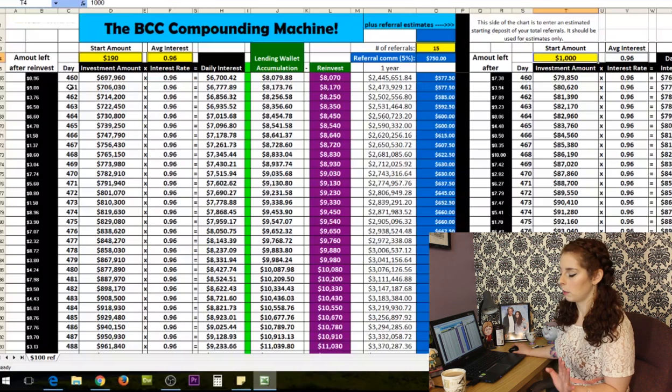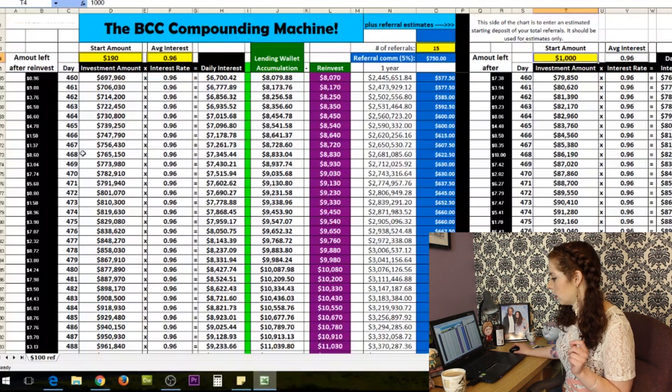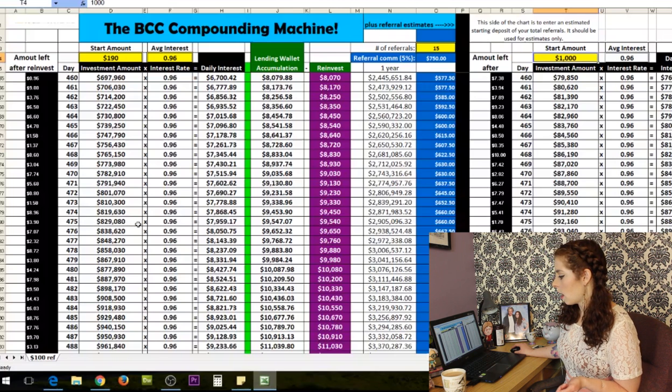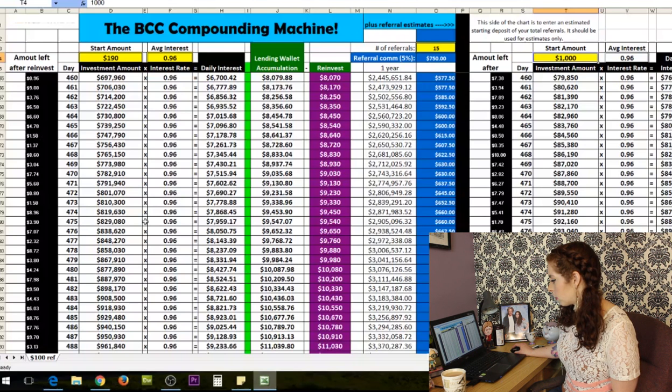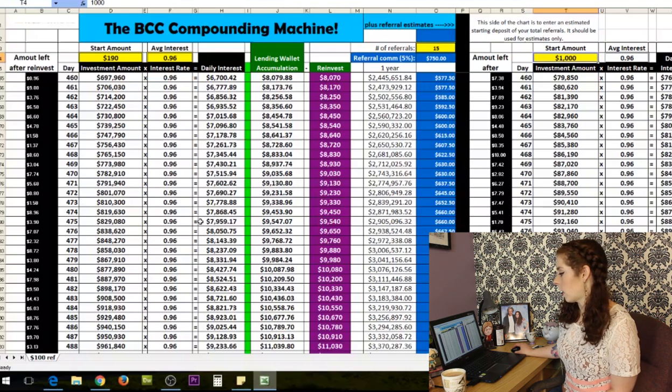Now, of course, I wouldn't actually be moving until I had money to furnish it and stuff too, so it would be closer to probably day 475, where I'm seeing $829,080, which is bringing in, at that point, $7,959 per day.